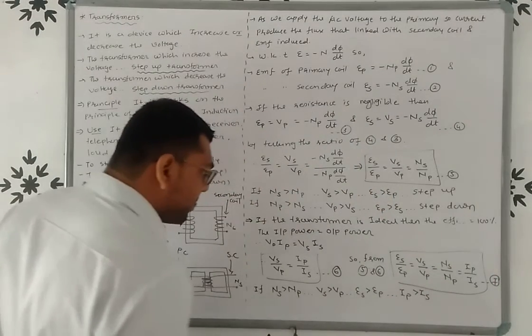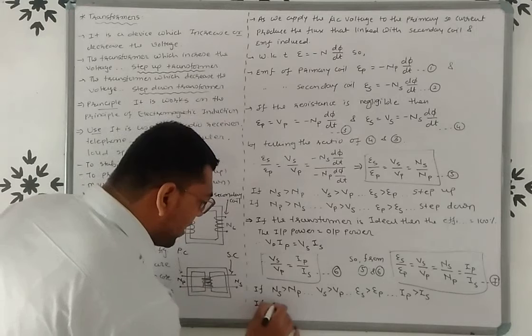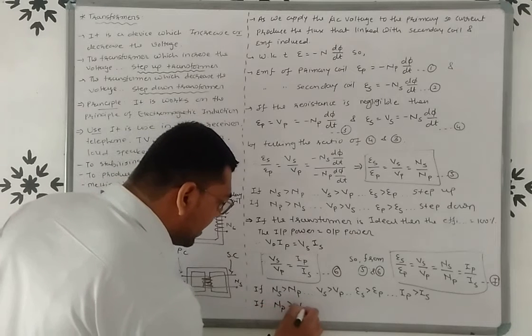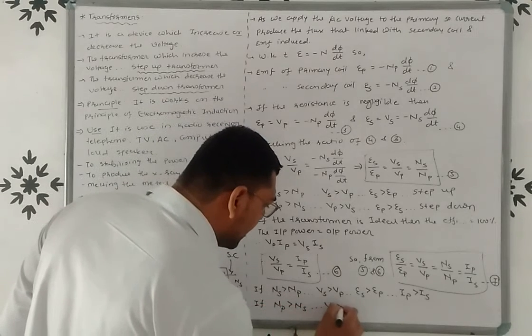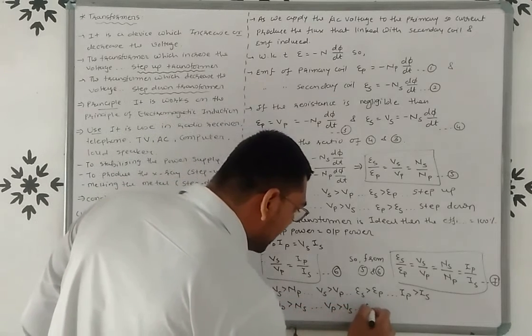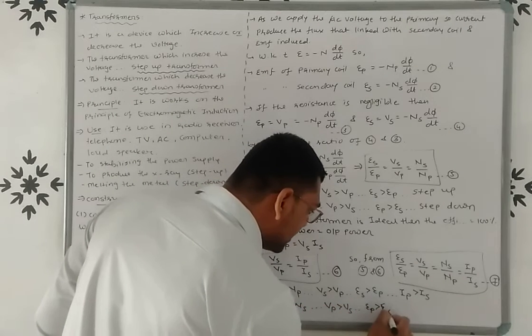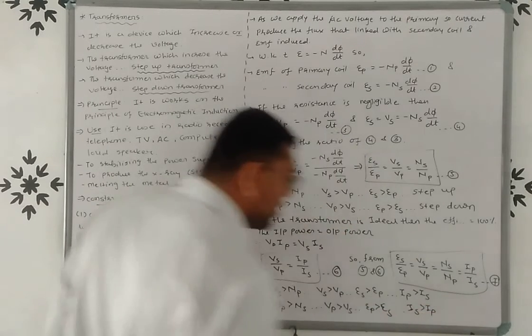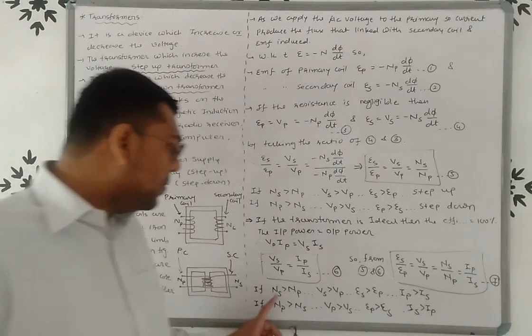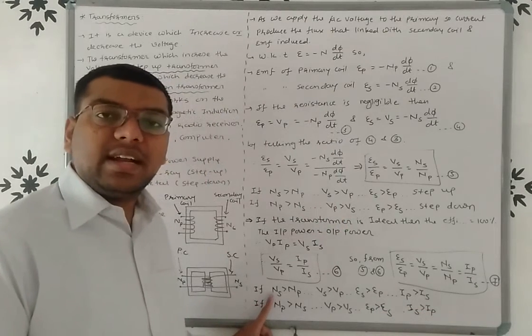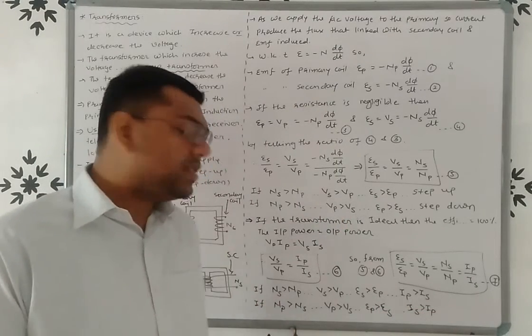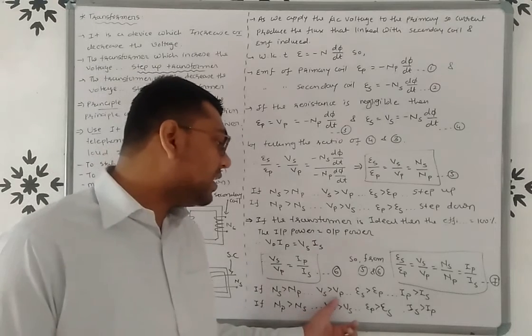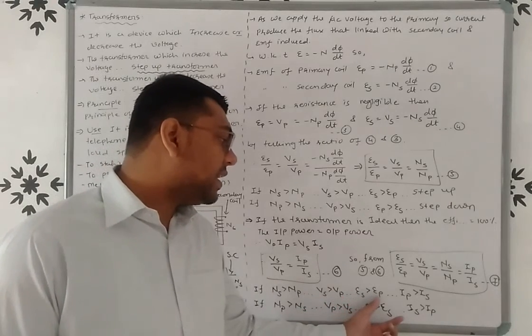And if Np greater than Ns, then Vp greater than Vs, Ep greater than Es, and Is greater than Ip, right? So if the number of turns in secondary is greater than the number of turns in primary, then Vs greater than Vp, Es greater than Ep.